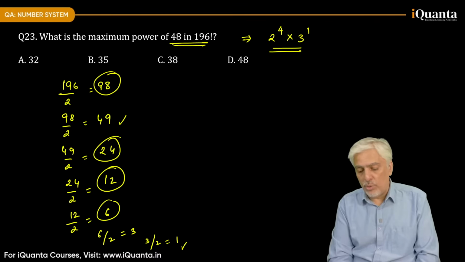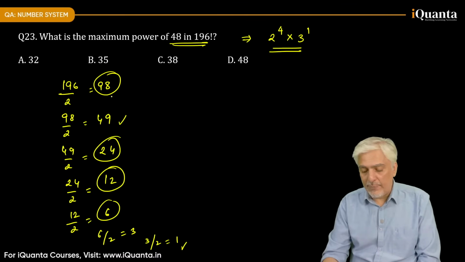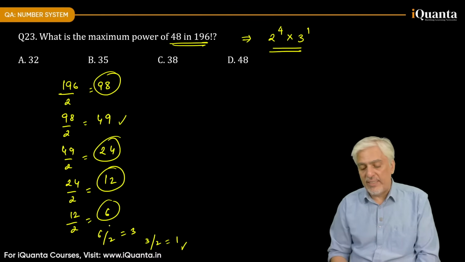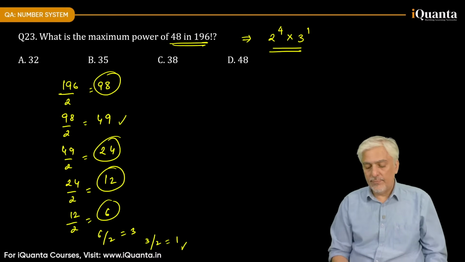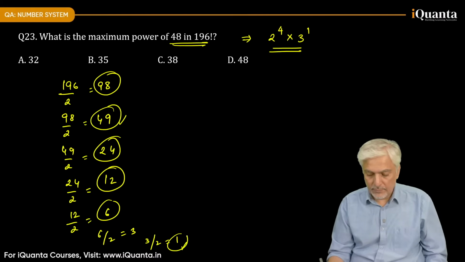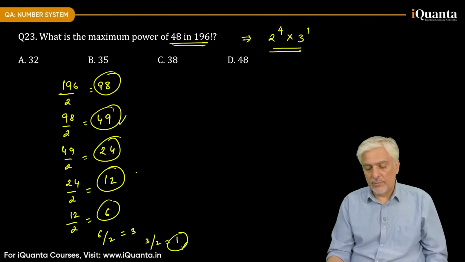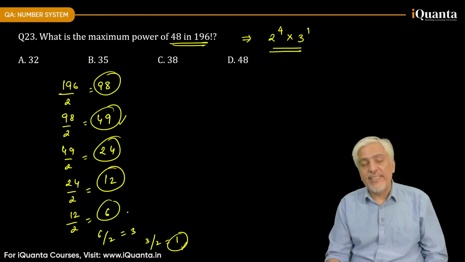Tell me how many 2s you all got. 98 plus 49 plus 24. Add up everything and tell me quickly. So there's 193 2s, right?